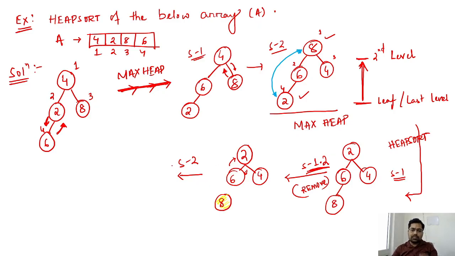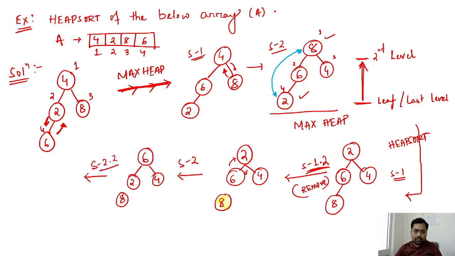Out of them the biggest is 6, so we will switch the biggest number with the number which is 2. Now 4 and 8 keep as it is, do not touch them. Now step 2.2 says we will exchange with the last node.